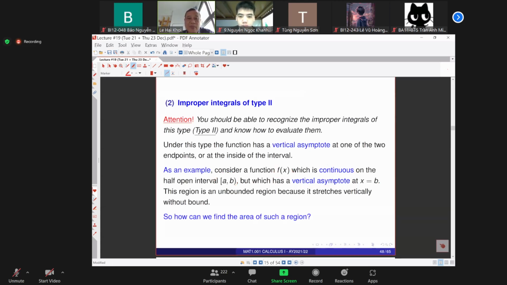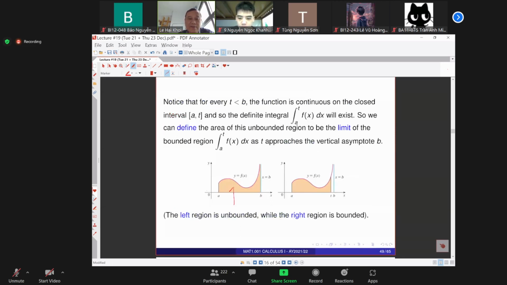Here, such a region, from a to b, and at b you have the vertical asymptote, which means this region is infinite. It is different from the integral of the first type, because here both a and b are finite. No infinity is involved.